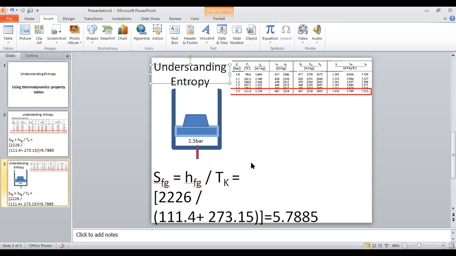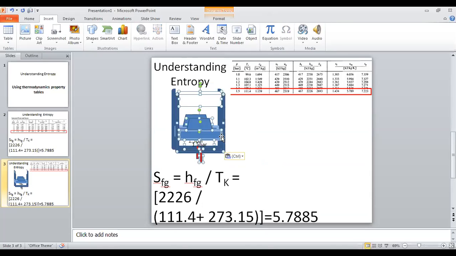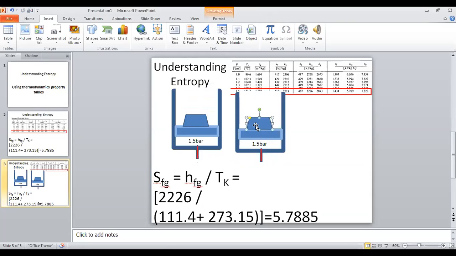After some time you can see the same 1.5 bar, but now this piston moves a bit. The piston moves a bit, and you have a certain amount of water, not the same, but a lesser amount.